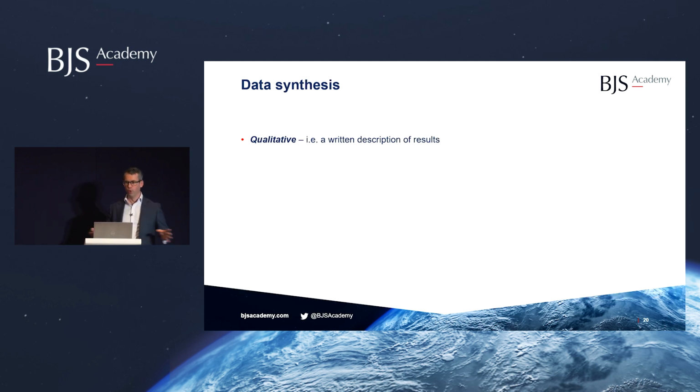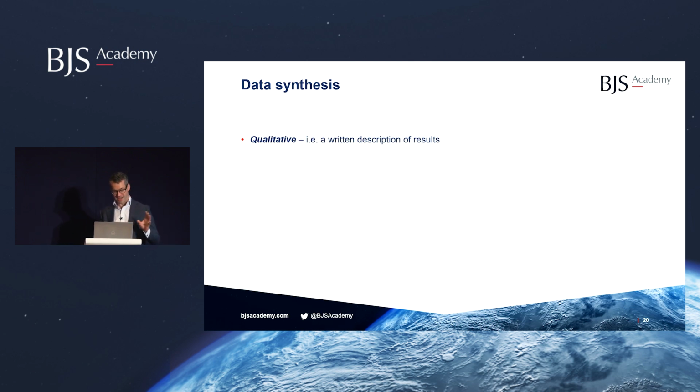So how are we going to put all of this data together? There's effectively 2 main ways. One is qualitative. There's always the risk that you're going to say, I'm going to run a meta-analysis because I want to see that shiny p-value of 0.049999.